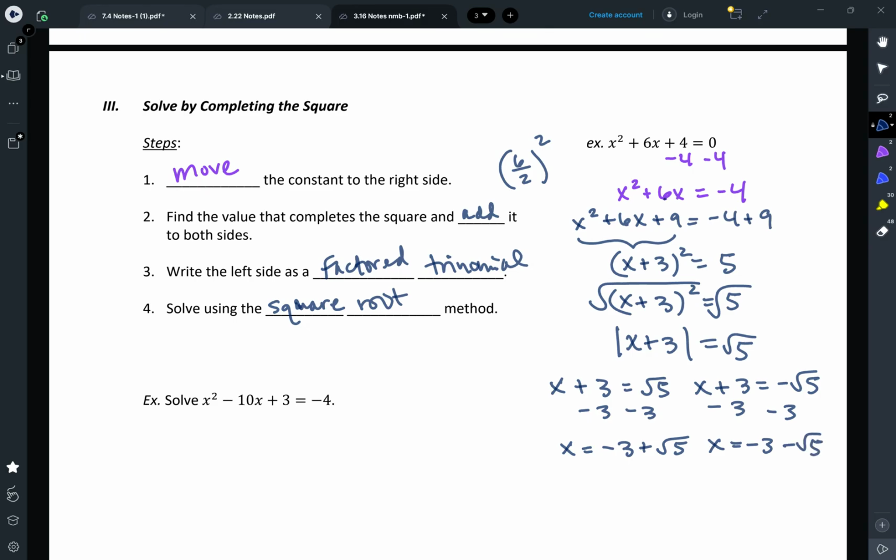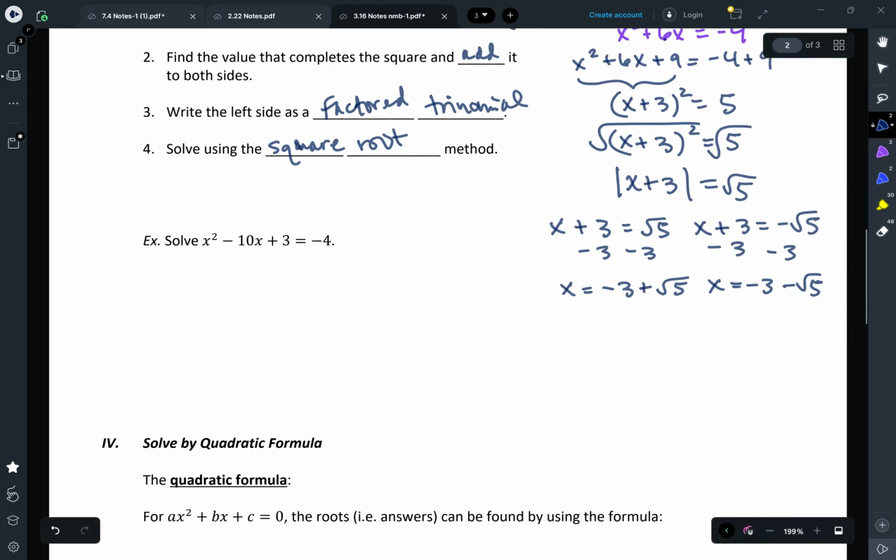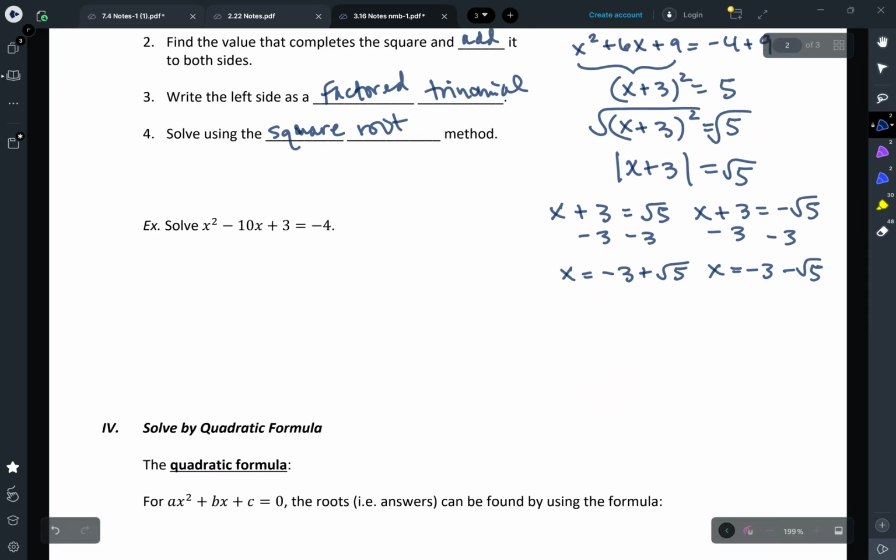We're going to try another one here. On this next one, I would first want to move my constant term away from the x squared. I know we said to the right up above, but basically away from your x squared. And then again, we want to figure out what number to add on both sides to make a perfect square.